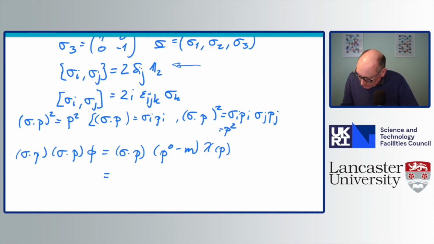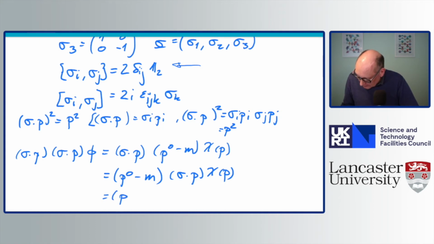But we can commute through the sigma dot p and we get simply p naught minus m sigma dot p on psi of p. But sigma dot p on psi of p was p naught plus m.